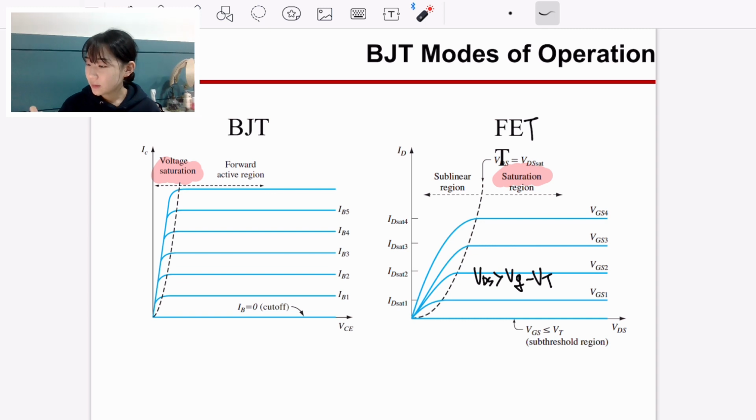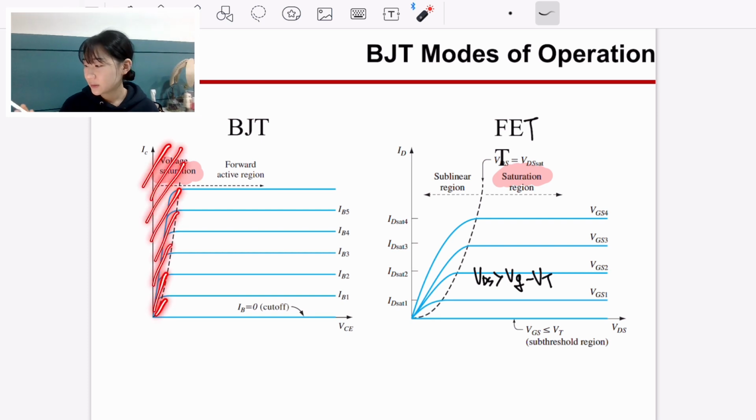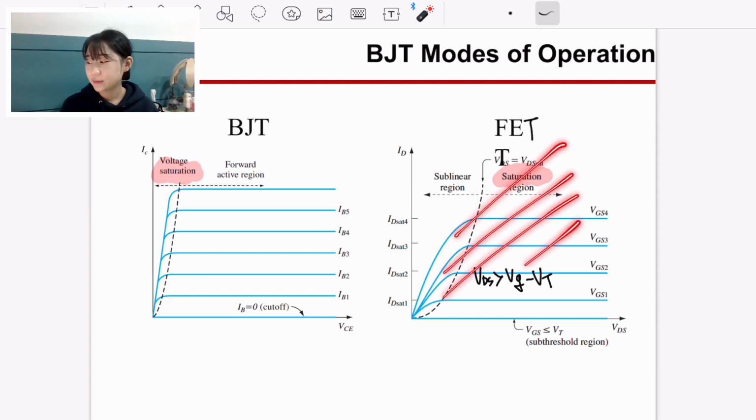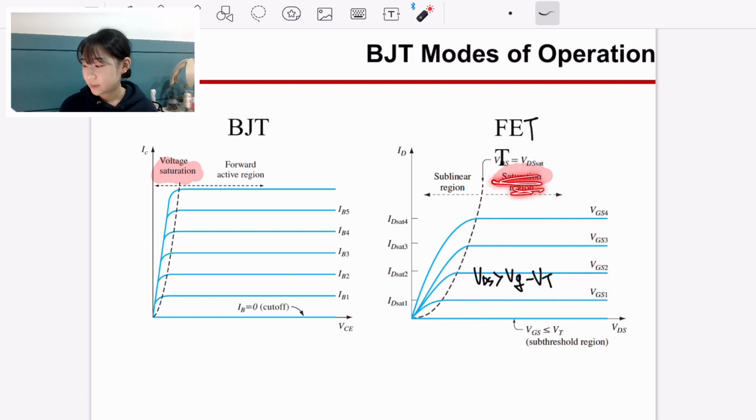In BJT, the first region is the saturation region, and in FET, the second, later region is the saturation region. It is opposite, so it can be a little confusing. Okay, that was the review of BJT.